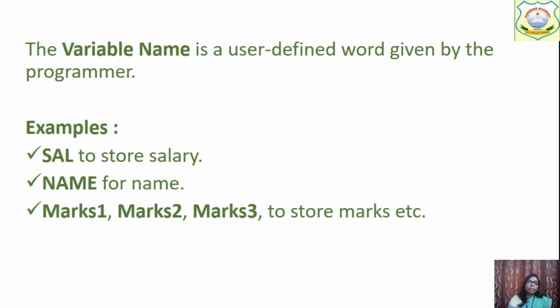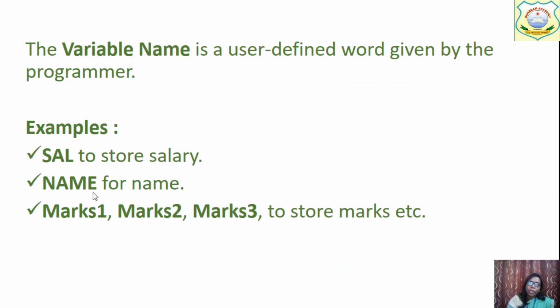Now who gives the variable name? The programmer can give the variable name according to their convenience. Whatever thing we want to store, we give some similar name. Like when we want to store the salary, we will give it the name SAL. If we want to store the name, we'll give the variable the name NAME.